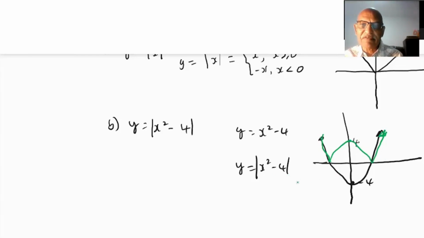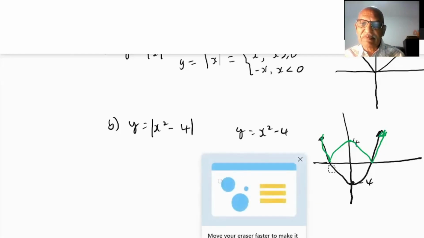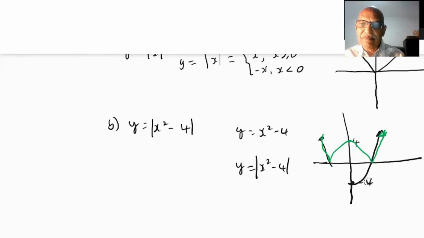So the graph of this will be, okay, so now this will be the graph of absolute value.